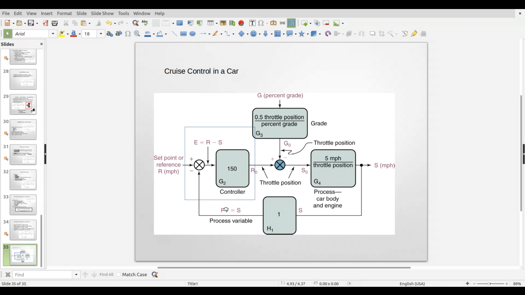But the beauty of this, again, is the fact that even though technically the controller doesn't see that we're going up the hill, it does see that we slowed down because of this feedback. And so as the speed of the car slows down, we feed this back in and we see that the error between the speed that we want to be going and we're actually going has increased.